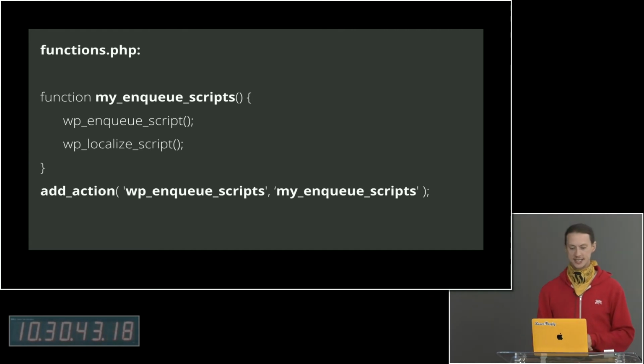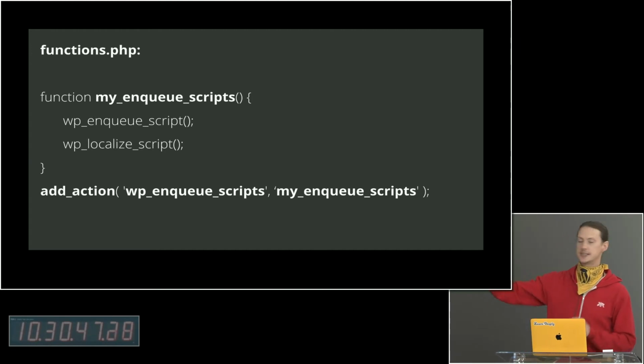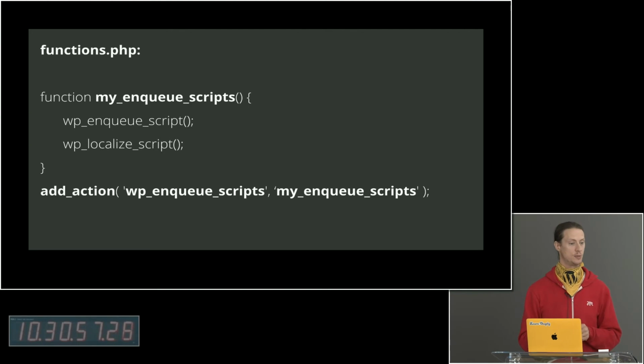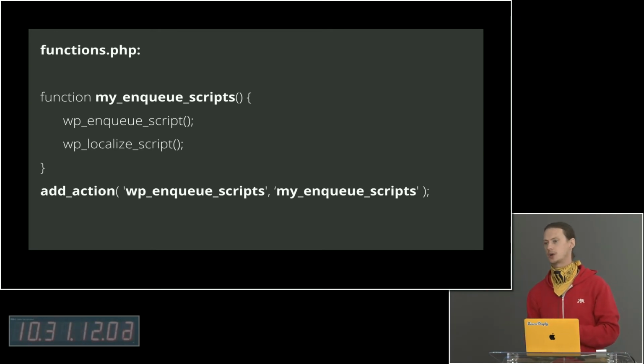So where we see wp_enqueue_scripts here under add_action, this is telling WordPress, hey, at this exact time, when you're about to load all the scripts onto the page, whether it's CSS or JavaScript, go ahead and run my script too. So WordPress is chugging along, it's building out your page, it's got the head stuff, it's getting close down to the footer now, and then it's going to see this and say, hey, I've got to include this enqueue script, and I've got to localize it and pass it some custom data.